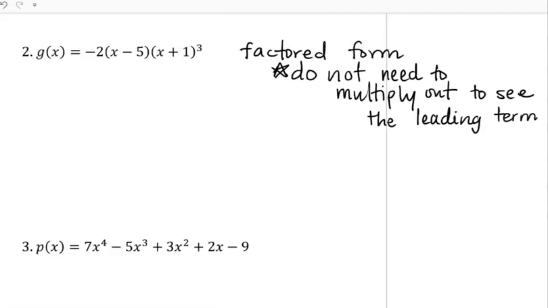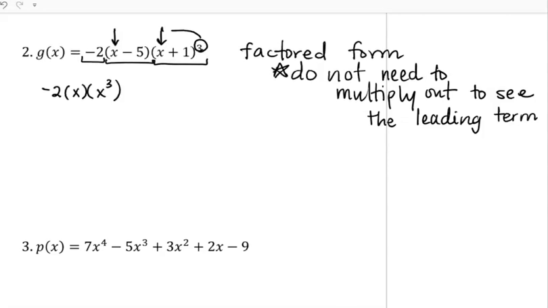Of course, quadratic. I see 3 factors. I see a negative 2, I see an x minus 5, and then I see an x plus 1 cubed. The leading term of this polynomial would include the negative 2. It would include the x from that second factor, and it would include the x cubed from the last factor.